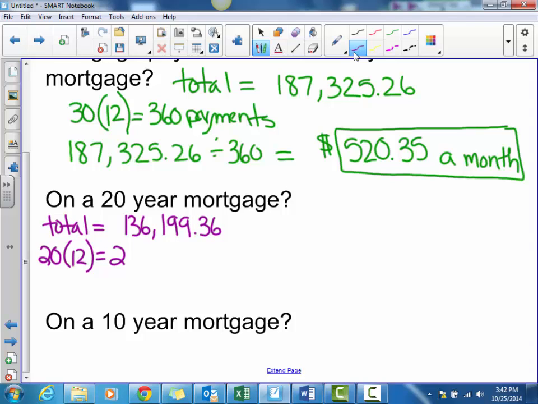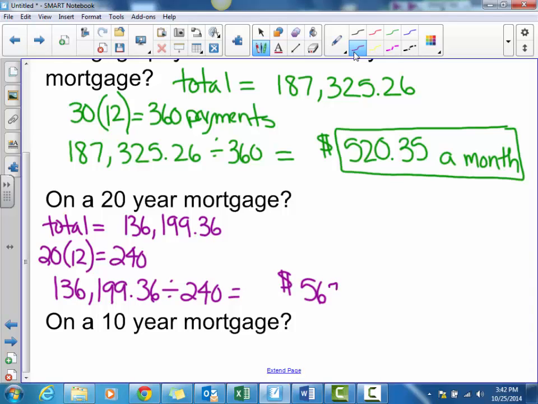So the total, $136,199.36 divided by the total number of payments, or 240, equals $567.50. That is the amount that I would pay monthly for a 20-year mortgage.